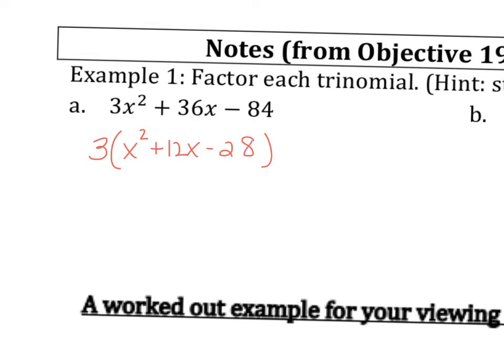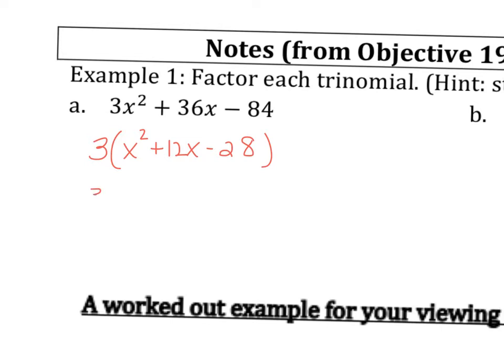Notice that all I did there was basically the opposite of distribution, and so I pulled that 3 out, and then if I multiplied it back together, I would end up with what I started with. So the reason that I did that is because now notice the thing in parentheses looks like what we were doing in part 1. So we can actually factor it in the same method we used for part 1.